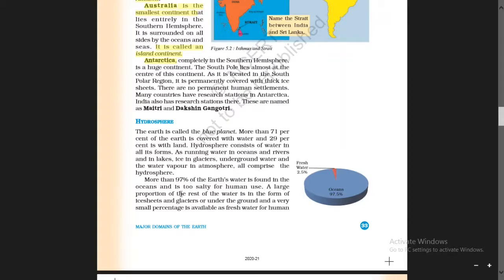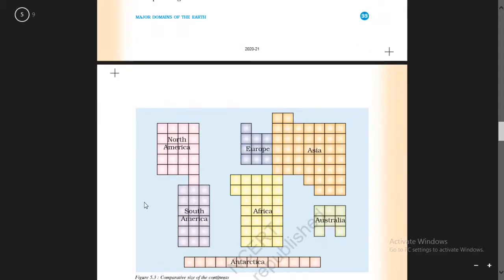A large portion of the rest of the water is in the form of ice sheets and glaciers or under the ground, and a very small percentage is available as fresh water for human use.